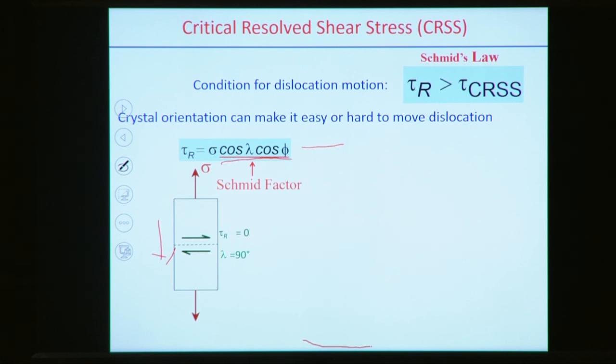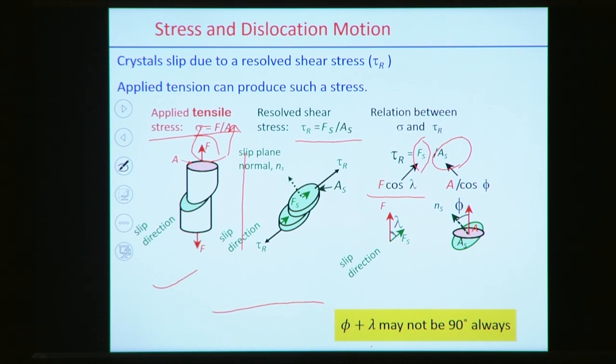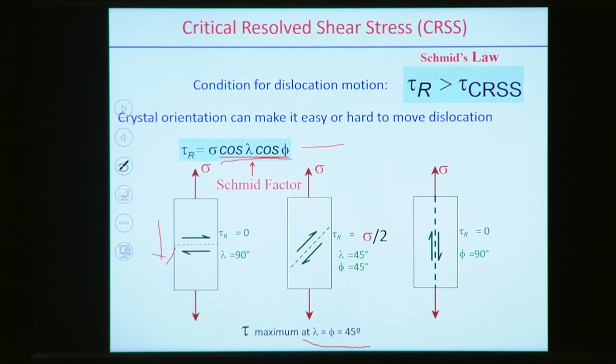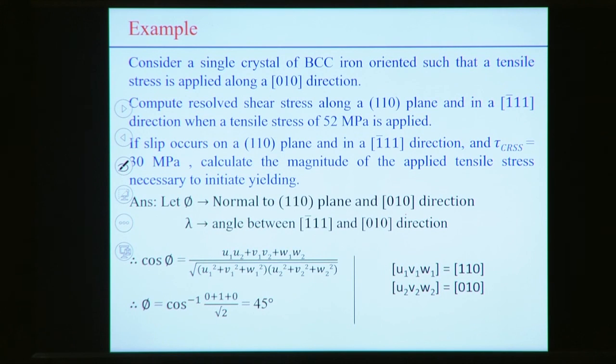For example, if we look into this, phi and lambda we constitute. Phi is the angle to the normal to the 1, 1, 0 plane because slip occurs on this plane. So phi is between the normal to this plane and the 0, 1, 0 direction. The 0, 1, 0 direction is actually the applied stress.